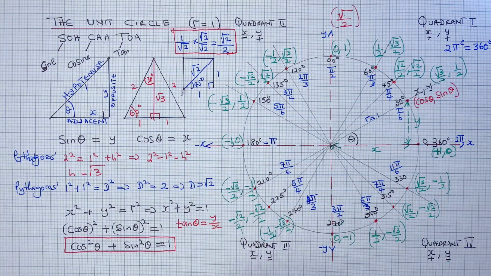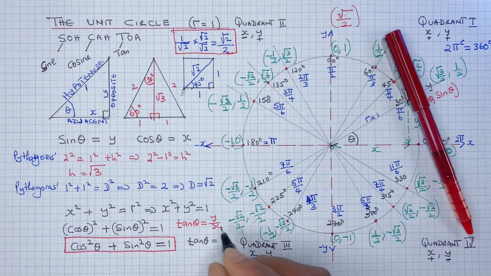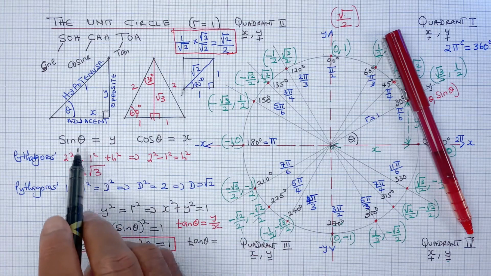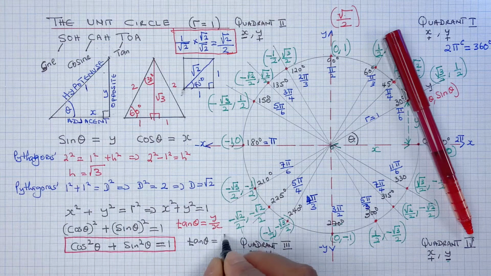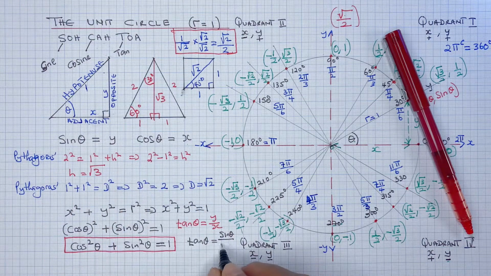And we can write tan theta as y, which is sine theta, over x, which is cos theta.